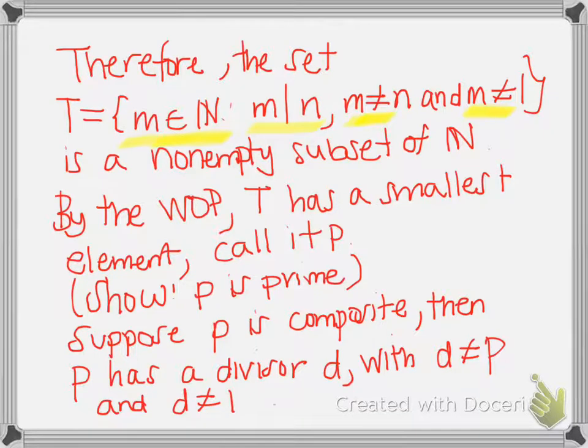Since D divides P and P divides N, this is where all those past theorems come in. You have to remember all those other theorems we proved to help us in future proofs, so you really have to keep that in mind. So since D divides P and P divides N, D also divides N.